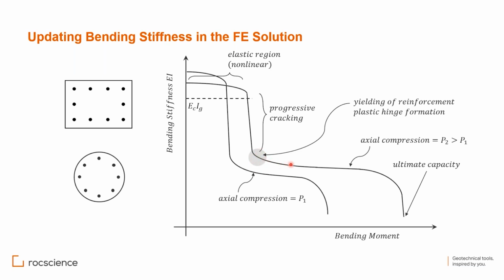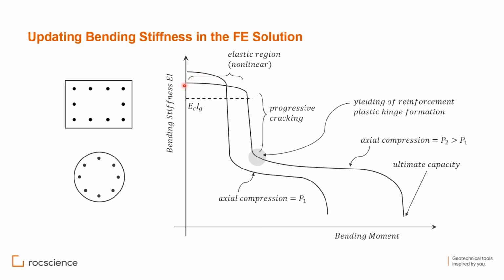After that, there's not much loss in the bending stiffness. Then you reach the ultimate capacity, and there will be not much gain in bending moment. This is for an axial load of P1, and when you increase the load to an axial load like P2 greater than P1, then you will have a different relation between moment and EI.